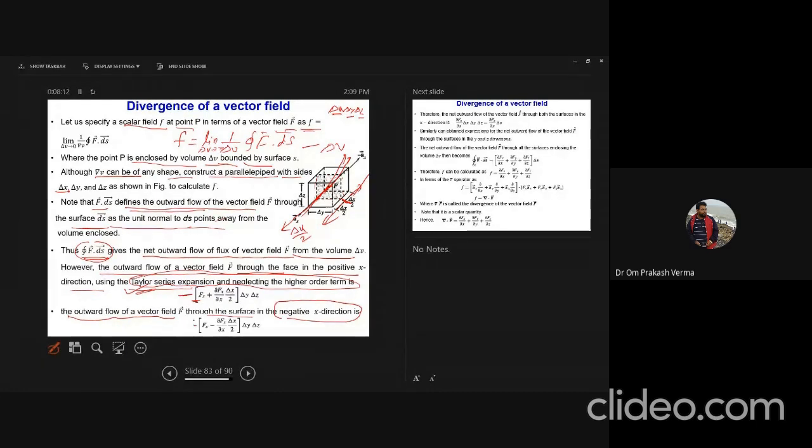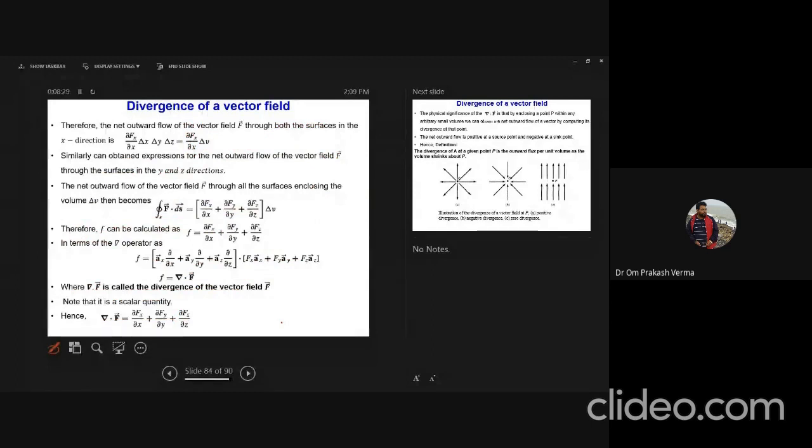Yes or no? Right? So f(x) minus of this direction, we are taking the change in this. This becomes a negative, right? And the volume we calculate by multiplying delta y by delta z. So overall, you can see here what is the net outward flow.